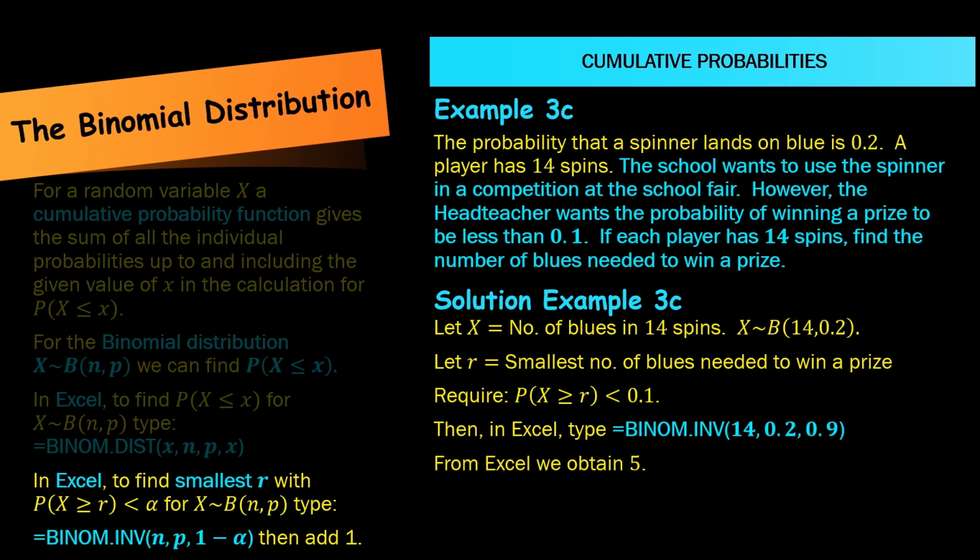When we type this into Excel, we obtain 5. So therefore, r is equal to 5 plus 1, which is 6. Therefore, 6 or more blues will win a prize.